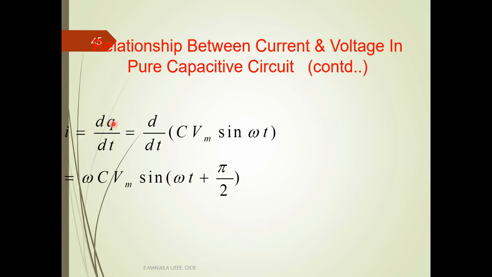Then i is equal to dq by dt, which is equal to d by dt of C into V maximum sin omega t, which is equal to omega C V maximum sin of omega t plus pi by 2. So that is the derivative of sin omega t.